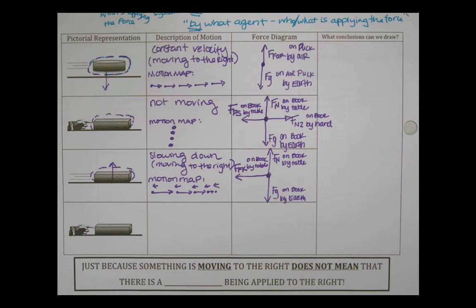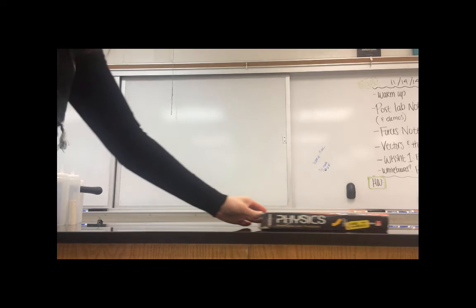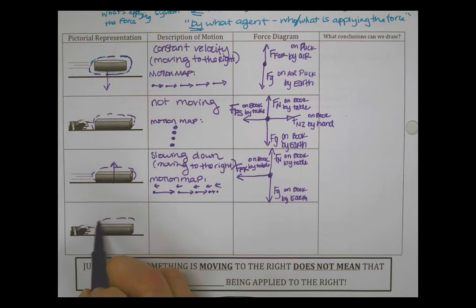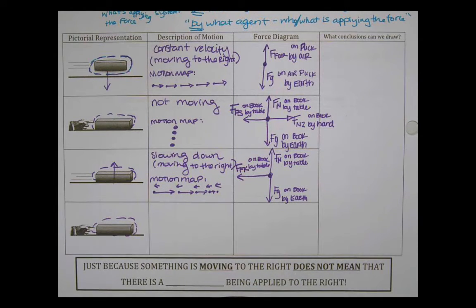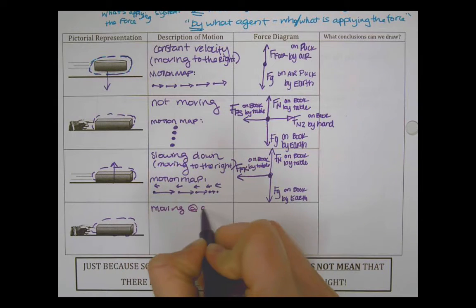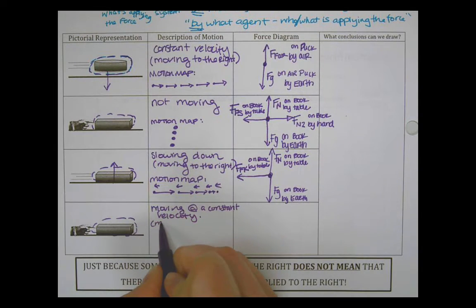All right, one last one. So let's look at this scenario. All right, for that one, we saw our system was our book again. And in this one, hopefully you can tell that it was moving at a constant velocity, and it was moving to the right.